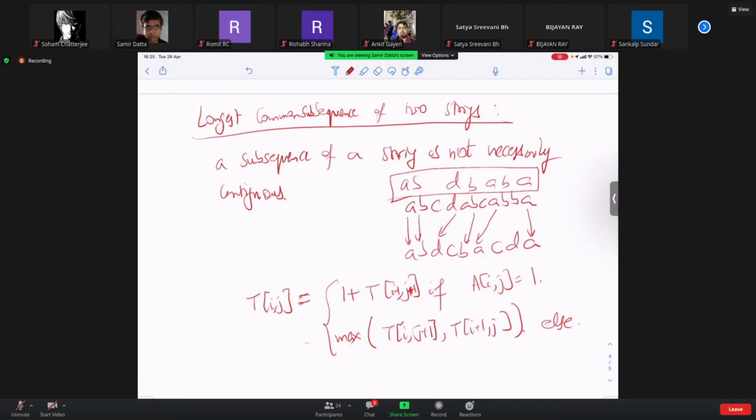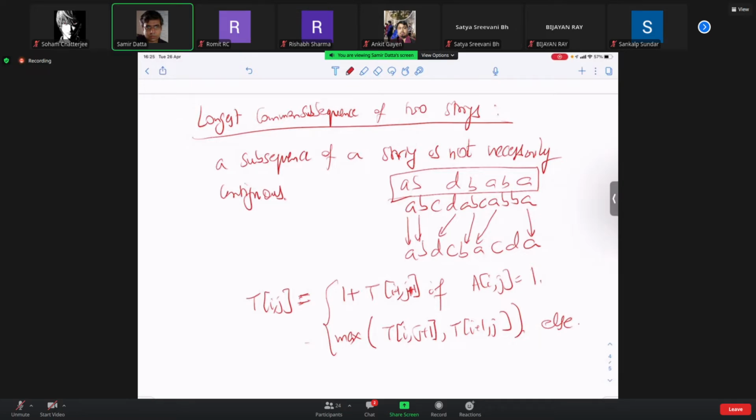I was saying like replace 0 by Ti plus 1, J plus 1 in the above. Instead of max, but I don't know if it's correct. Like there was 0 if Aij is equal to 0.